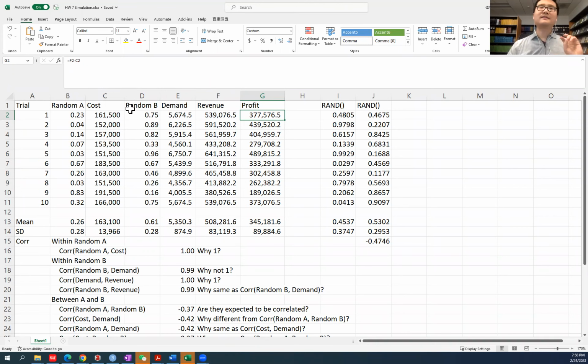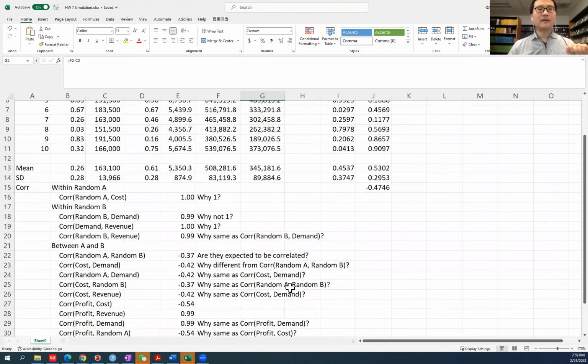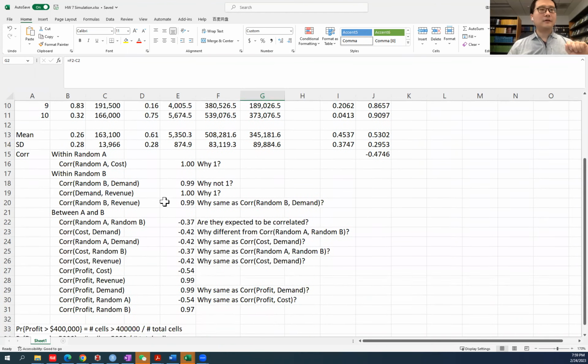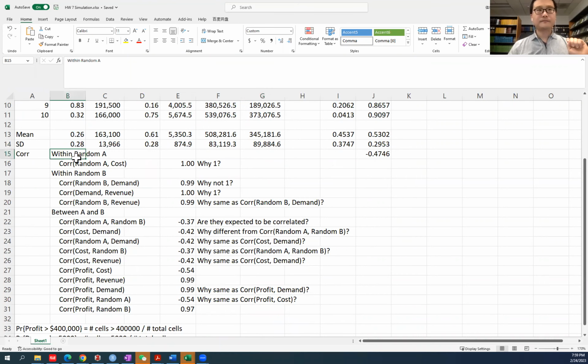So let's see what happens in our example about correlation and whether it shows a correlation as what we would expect in reality. So, for example, I calculate a series of correlations.